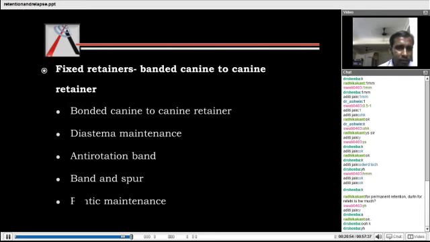Fixed retainers: bonded canine to canine retainers, okay, anti-rotation bands. What they do is they correct the rotation and they place the band attached to the adjacent tooth, so they maintain the position. That's called anti-rotation bands. Band and spur, like a space maintainer, it will be attached to that. And pontic, even if a pontic can be fixed to the tooth, it will maintain the tooth in that particular place, not allow the tooth to move. Okay? All these are examples of fixed retentions.